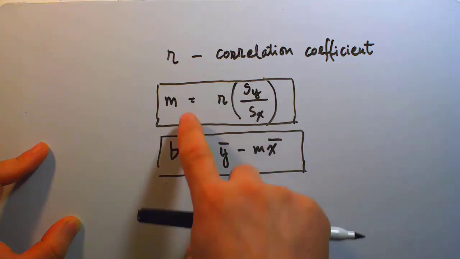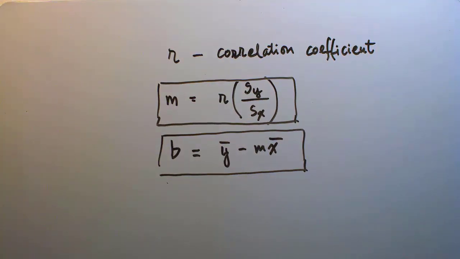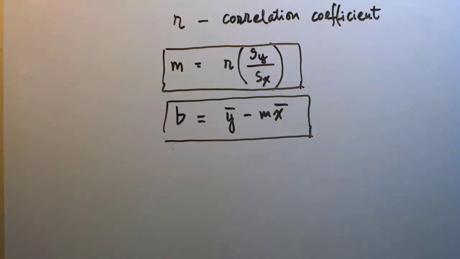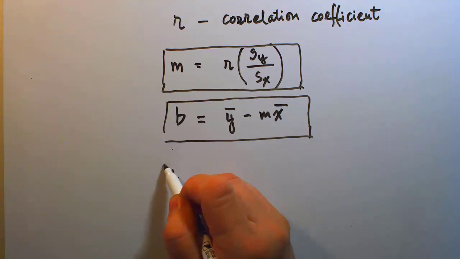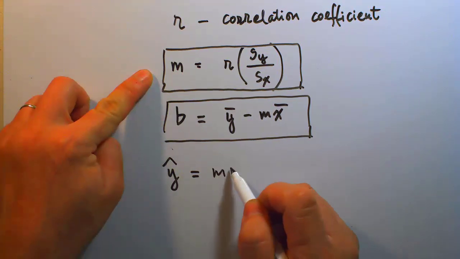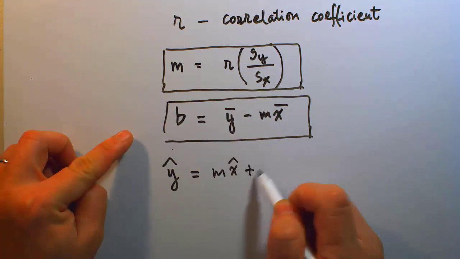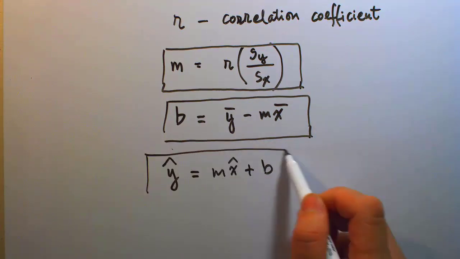We only use the LinReg command to obtain that precise value for R right there. And then the final best fit line equation concluded to be y hat equals m x hat plus b. And that's how we complete our best fit line equation.